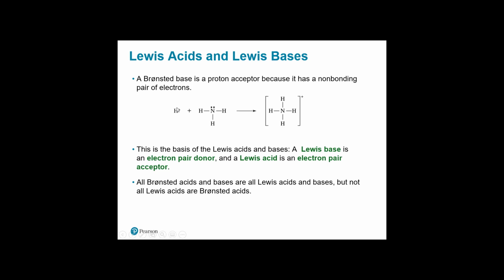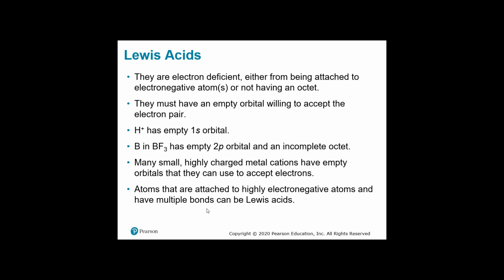So this has to have an empty orbital to allow it to take in the electron pair. So this is a Lewis base, which is again an electron pair donor, and this is a Lewis acid, which is an electron pair acceptor. All Bronsted acids and bases are Lewis acids and bases, but not all Lewis acids are Bronsted acids.